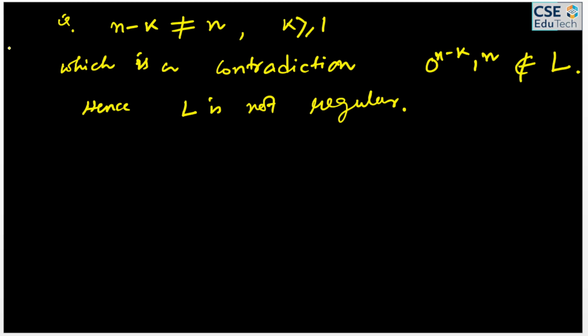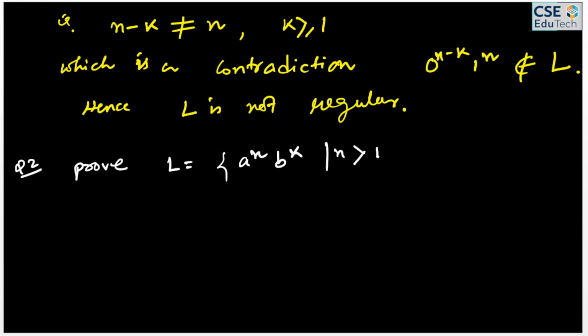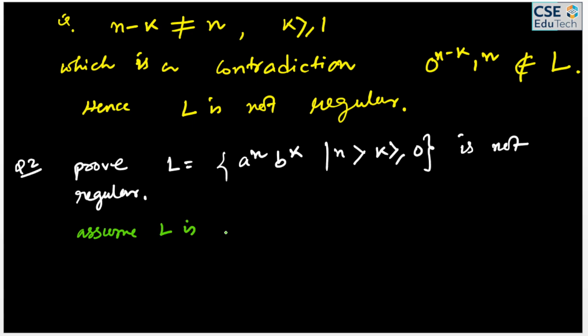Another example: prove that L equal to a to the power n b to the power k, such that n greater than k greater than or equal to 0, is not regular. So the procedure is, we have to assume L is regular, right?